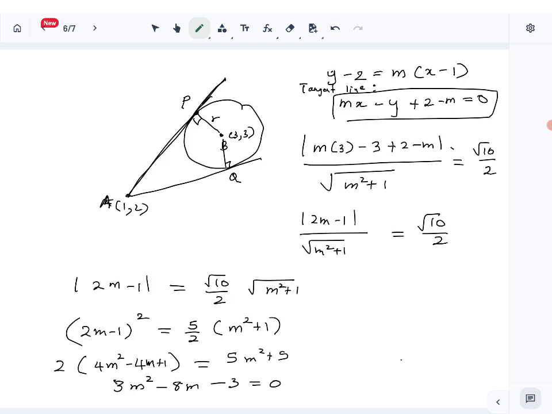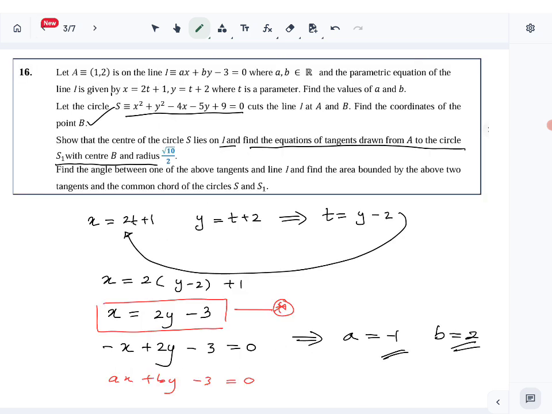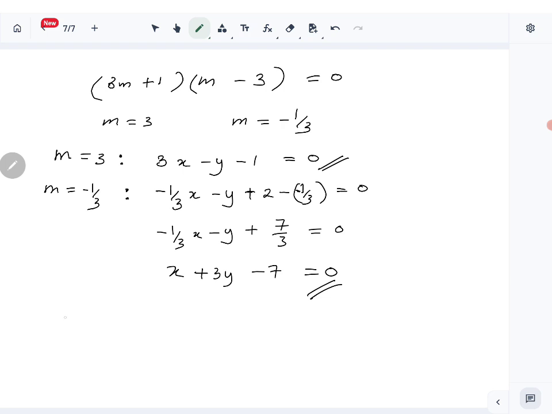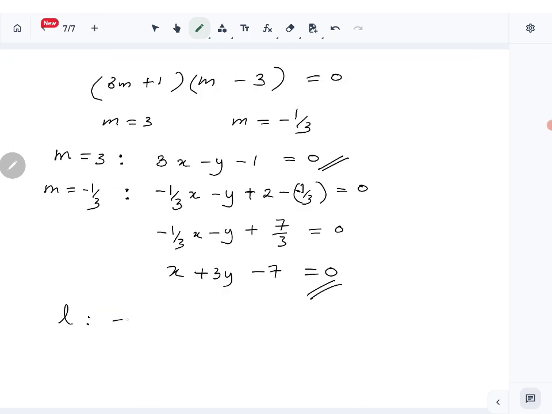Then what? Find the angle between one of the above tangent lines and line L, right? So line L is what? This one: minus x plus 2y minus 3 equals 0.